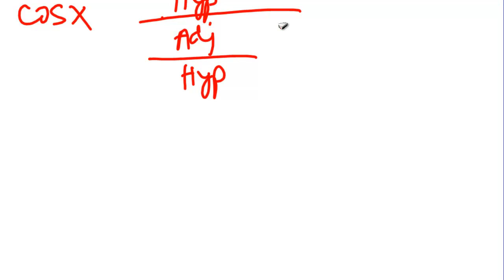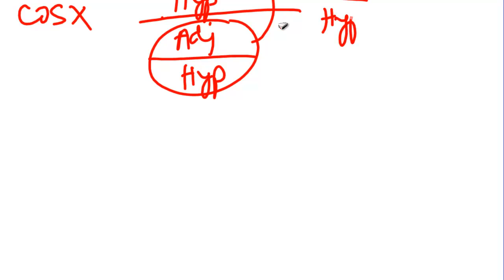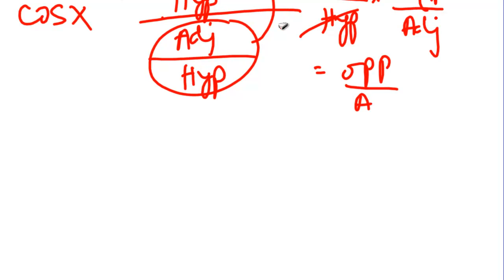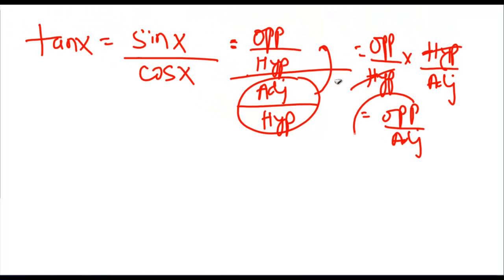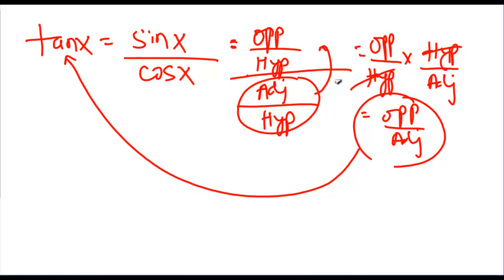Now, bringing the bottom fraction to the top, I have to multiply by the reciprocal. So opposite over hypotenuse times hypotenuse over adjacent, the hypotenuse cancels, giving me opposite over the adjacent, which from the right triangle that we just saw a moment ago is equal to the tangent of x. So this identity works.